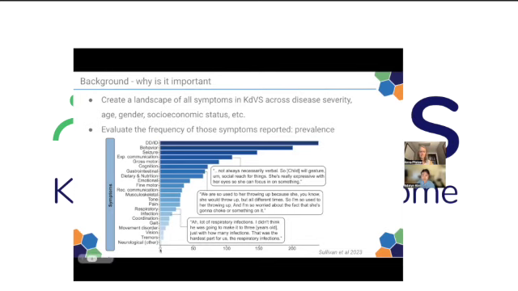And you can see across the bottom the increasing numbers 0, 50, 100, 150, 200. That is really the number of times that a particular symptom that falls within this category was mentioned during the course of these interviews.